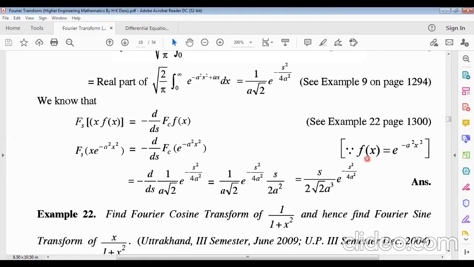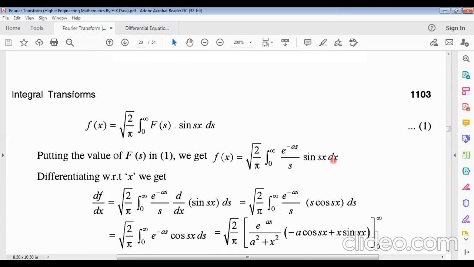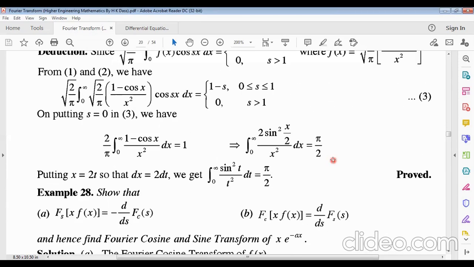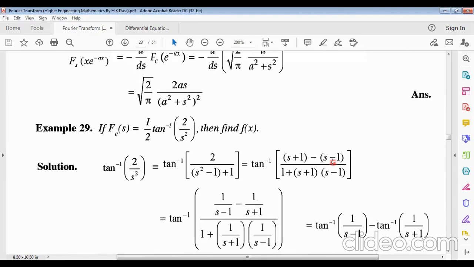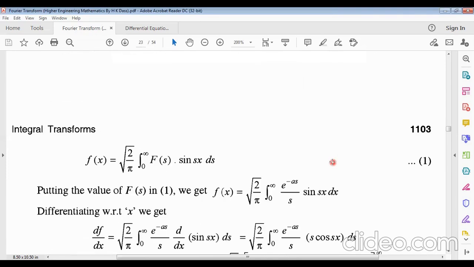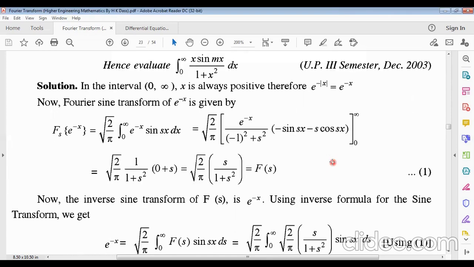So using the same formula, we get this one. Now putting the upper limit and lower limit, we get this as before.